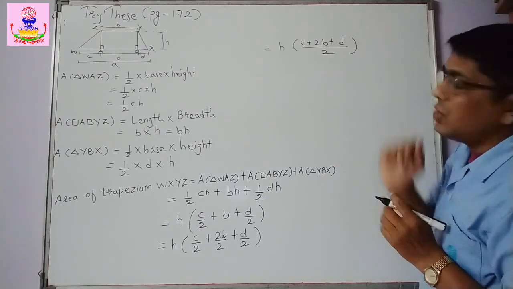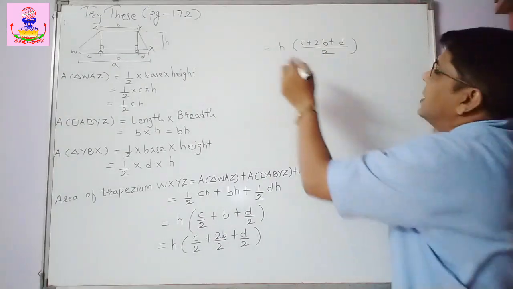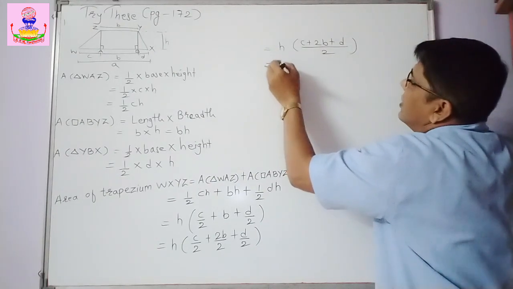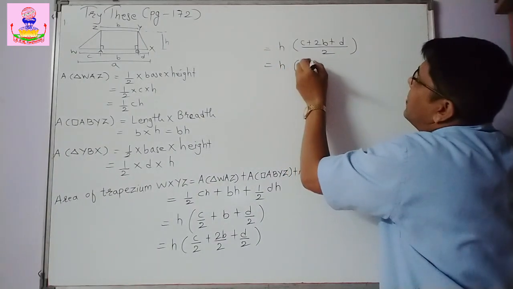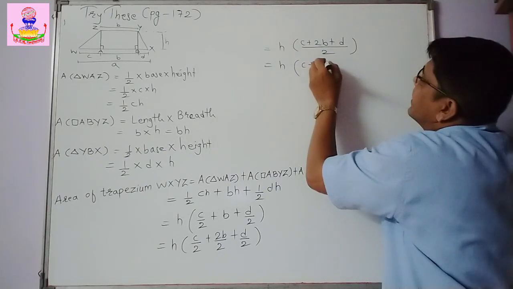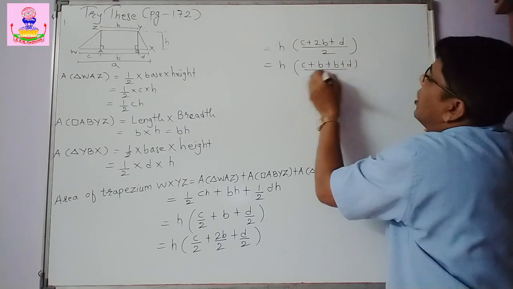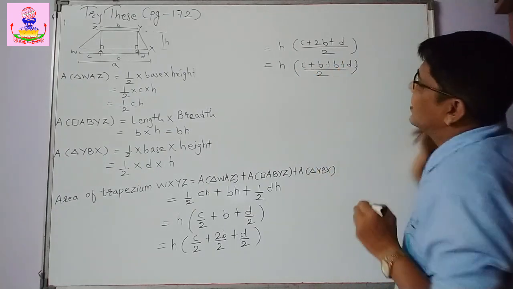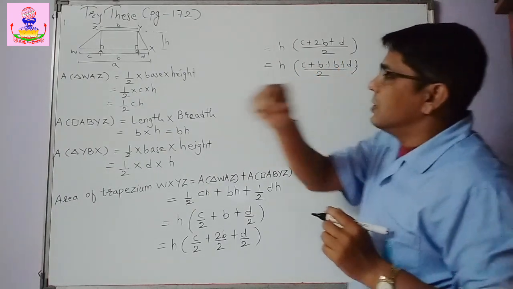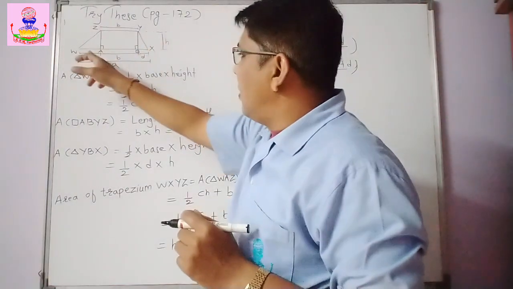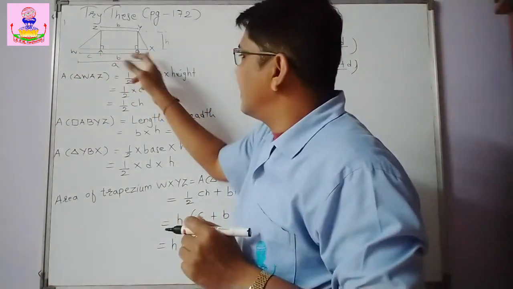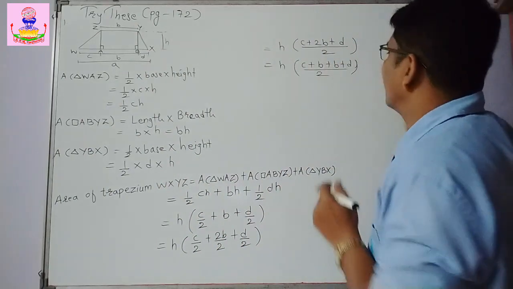Now this 2b, I will write it as b plus b. Is there any change? No, not at all. So c plus b plus b plus d upon 2. Now what I am doing, see here, WX is equivalent to c plus b plus d. So I will bring this together.